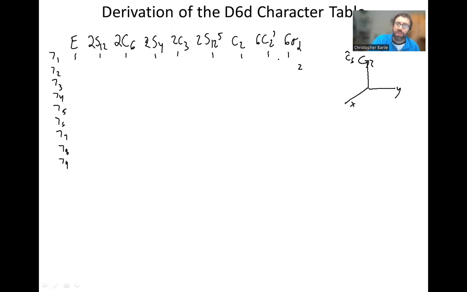All right, so what we're doing is we're asking the question, how does this z vector that we're testing, this linear function represented by a z vector, transform across all these different operations, or at least one from each class? We can choose any operation that we want. The way that this works is that for identity, the z vector goes into z because identity does nothing.